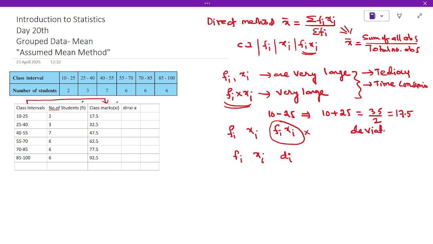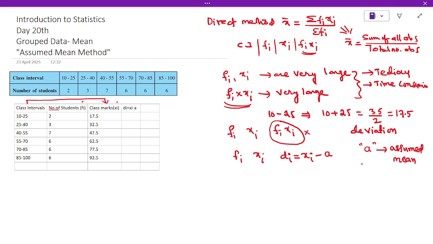Okay, how can I find the deviation? I am finding the deviation of each observation, that is xi, from one standard assumed mean. So I am assuming that as a. Now how will we select this a? What does this a represent? This a represents the assumed mean, right?